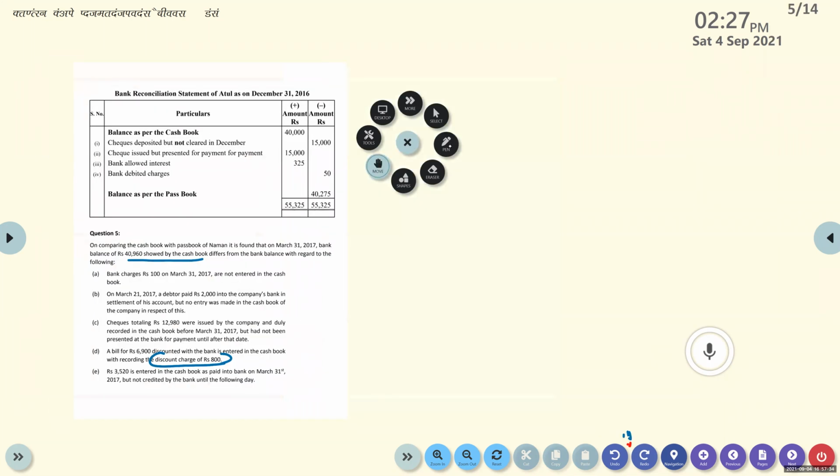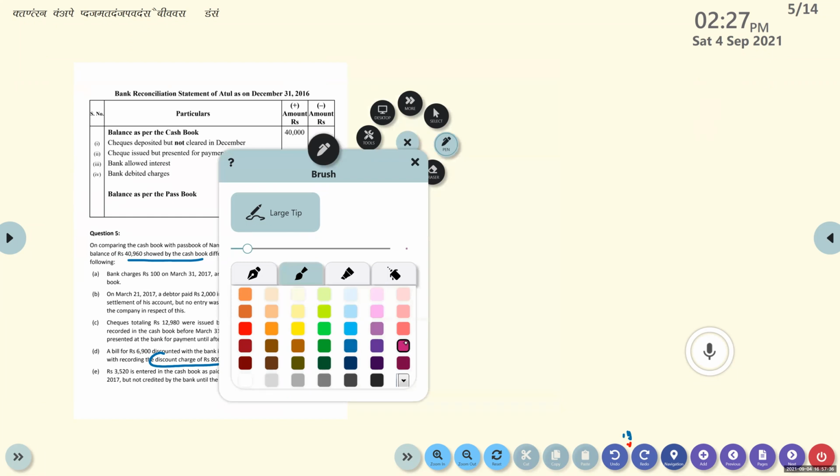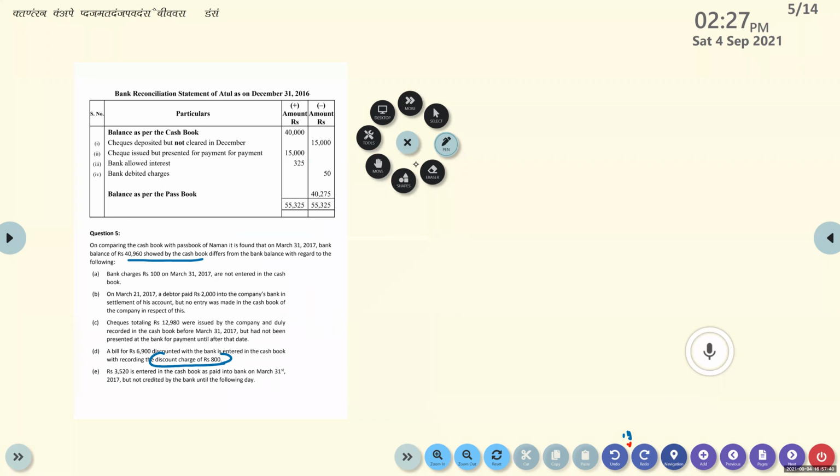Ma'am, it says without recording 800 rupees in the textbook. Without recording, okay. Without recording the discount charge of... So let me read it again. A bill for rupees 6,900 discounted with the bank is entered in the cash book.